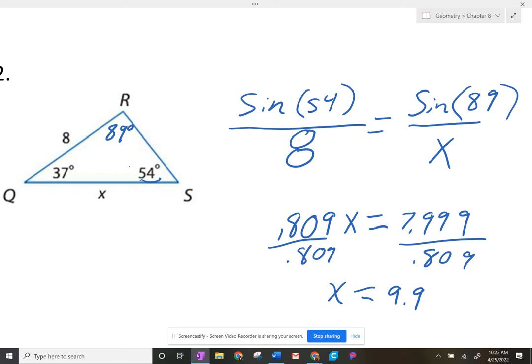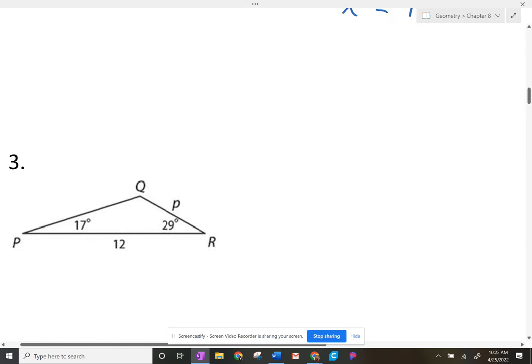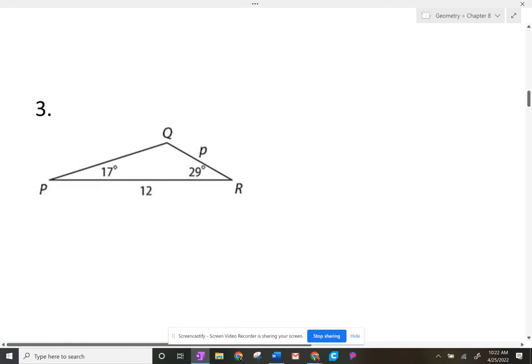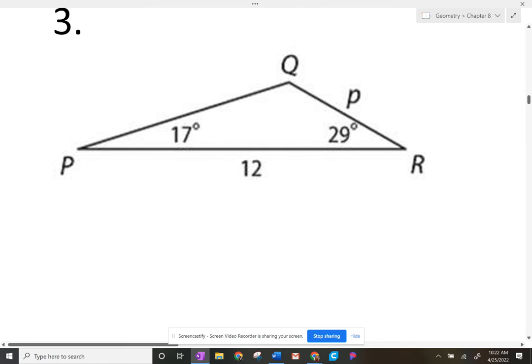Did you guys follow the steps as I went? Anybody get lost along the way? All right, well, I'm going to have you guys do this next example. I'll zoom in as best I can. We're just going to talk it.